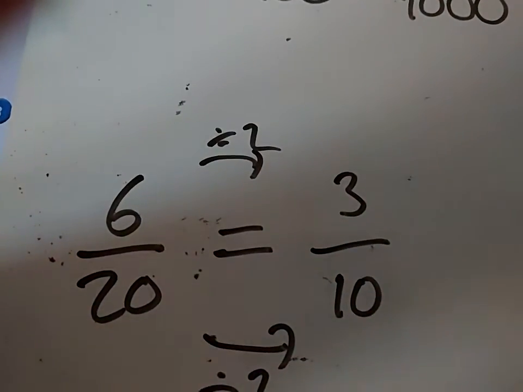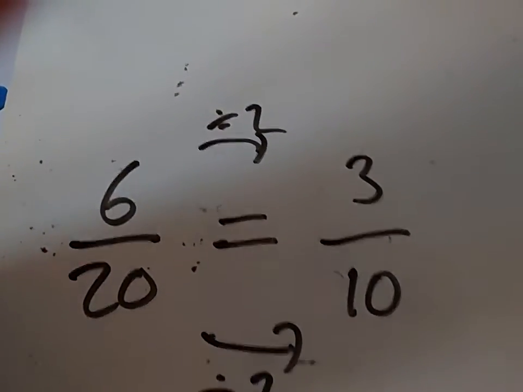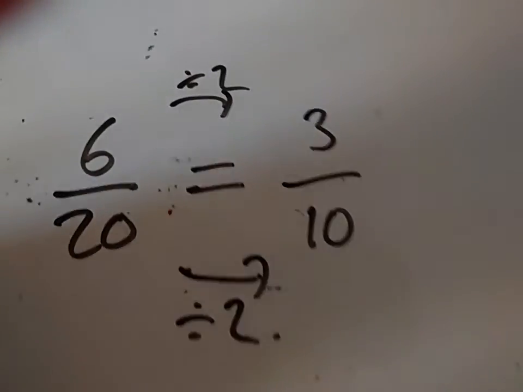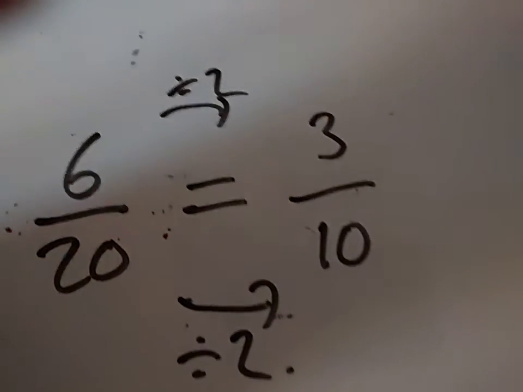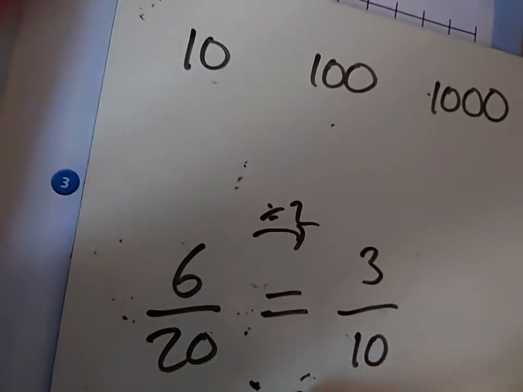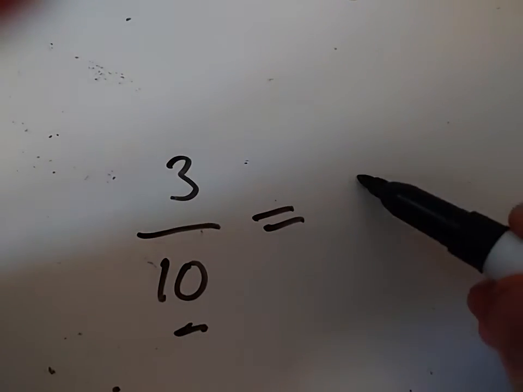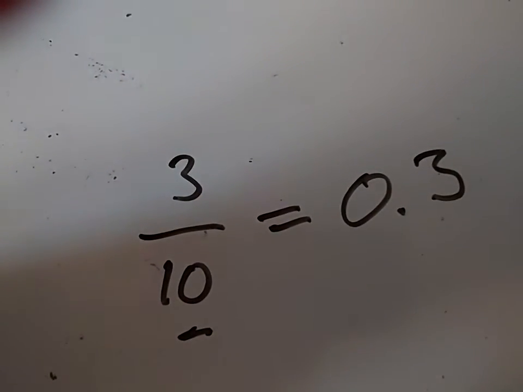If you drew them out, if you've got a square, split it into 20 and coloured in 6, you'd have exactly the same amount as if you took the same square, but this time cut it into 10 and coloured in 3. So these two are the same amount. And now I've changed to 3 out of 10. And we know that 10 is 1 decimal place. It's going to be 0.3.